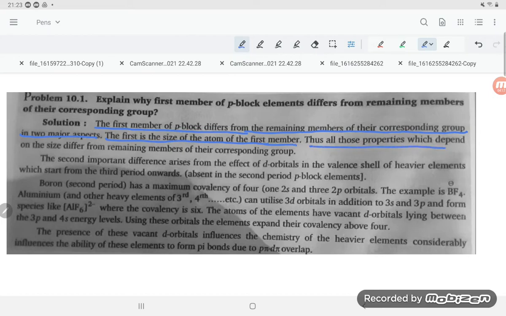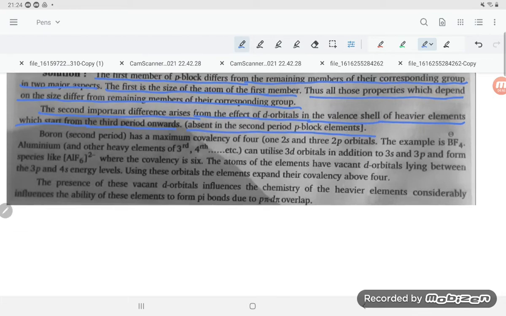All the properties which depend on the size differ from the remaining members of the group, because they have small size. The second important difference arises from the effect of d orbitals in the valence shell of the heavier elements, which start from the third period onward, absent in the second period P block elements.